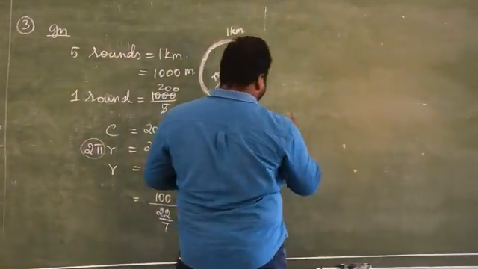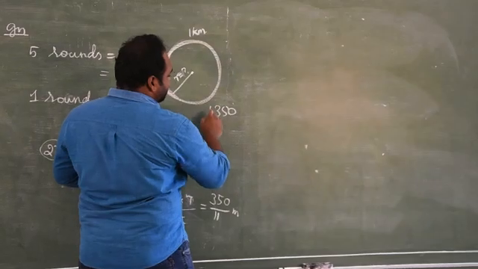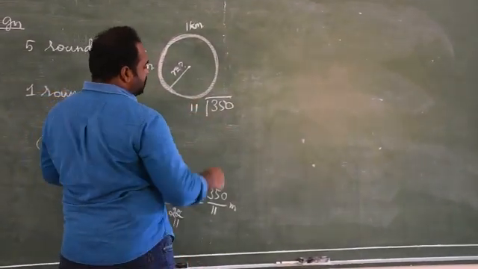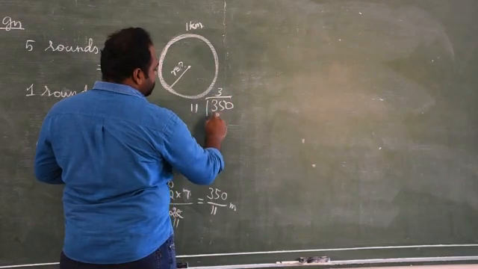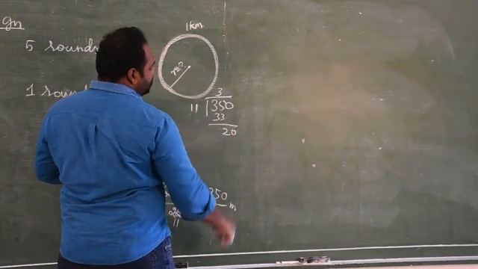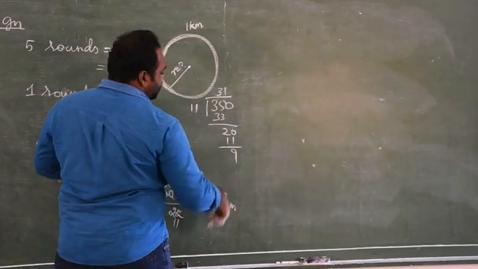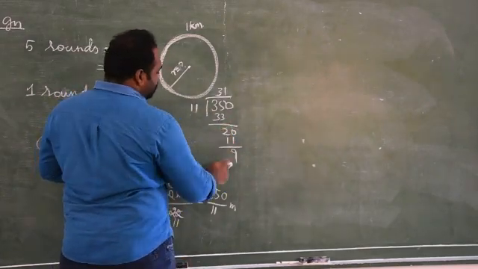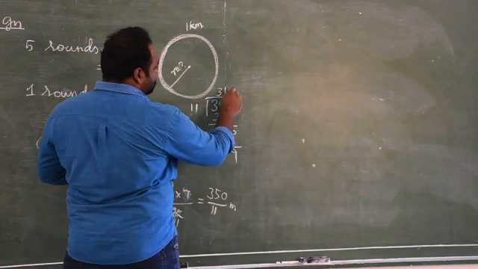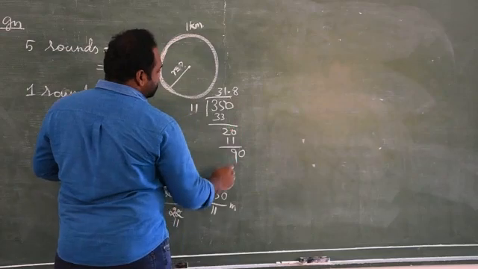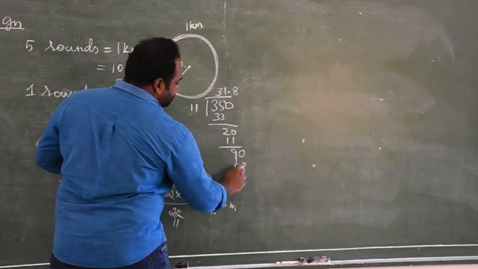So if you have to divide 350 by 11, 3 times 33, remaining 2, 0, 1 time 11, remaining 9. So it will not go in the 11 table. So put a decimal and add 0. Then 8 times 11 is 88.